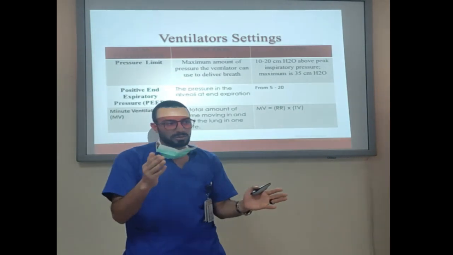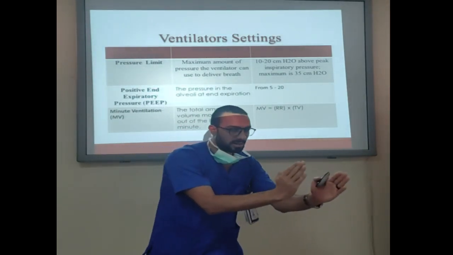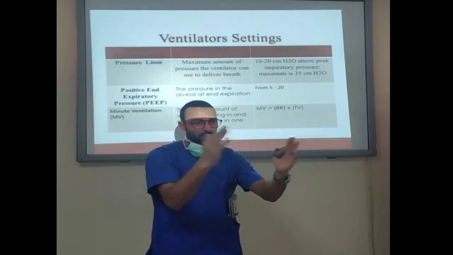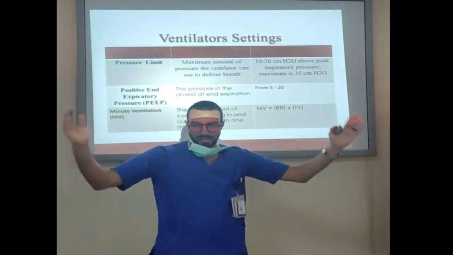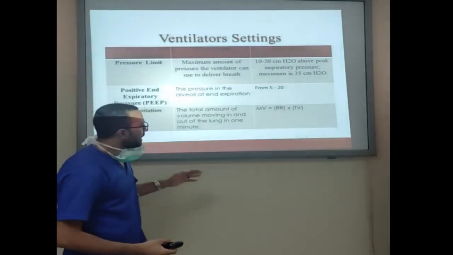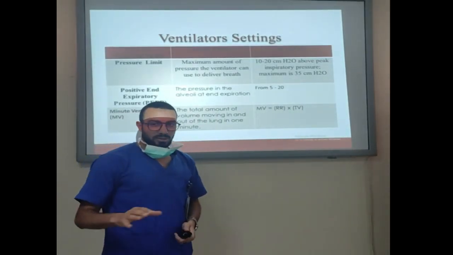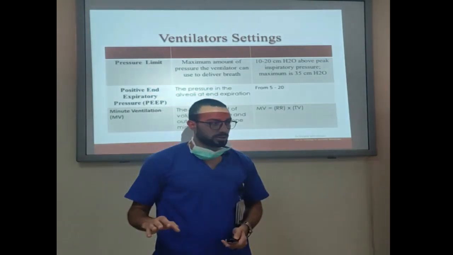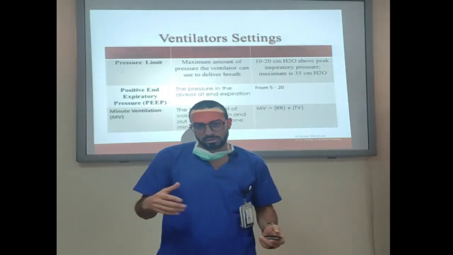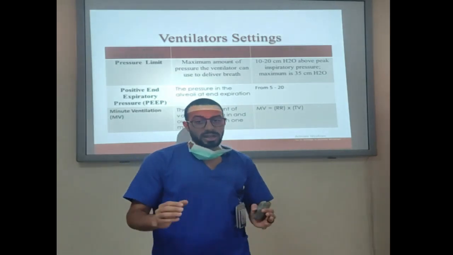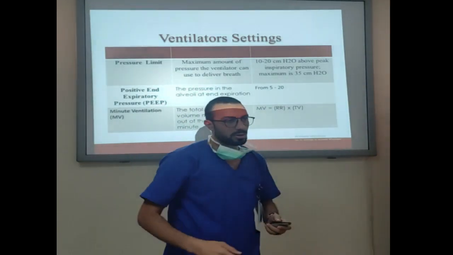It will be tidal volume times the respiratory rate, because tidal volume is one breath, and respiratory rate is all the breaths in a minute, so it gives you the minute ventilation. Anyway, now we have all the parameters. Any questions on the parameters? Normally you should know this, just to manipulate the ventilator and change it according to the case of the patient.